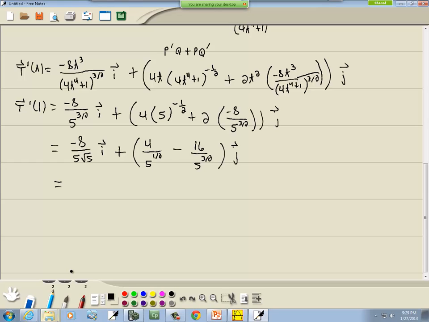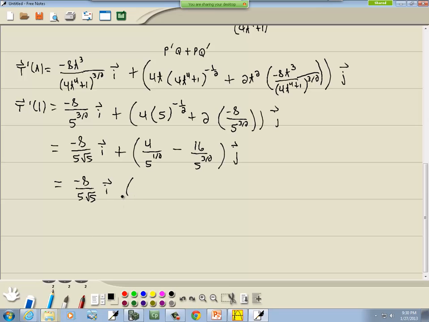which gives us negative 8 over 5 square root of 5 i, and I'll multiply the bottom part here by 5, because 5 to the first, that'll give me 1/2 plus 1 gives me 3/2. And I'll multiply the top part by 5.